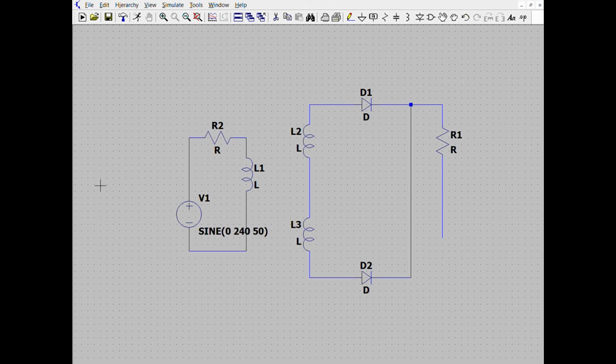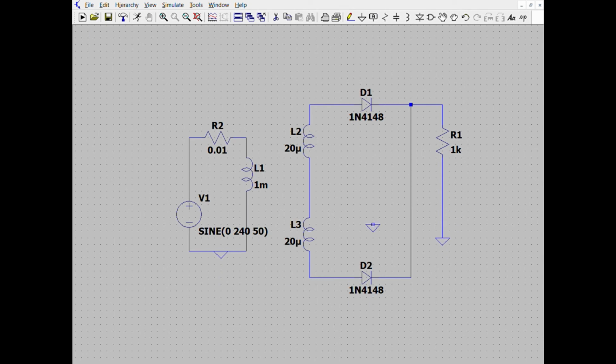Okay, and this one is 0.01. And then put a ground to the circuit.